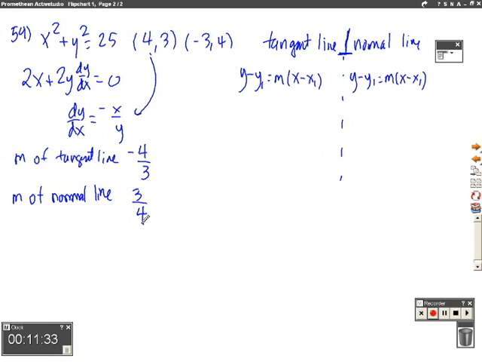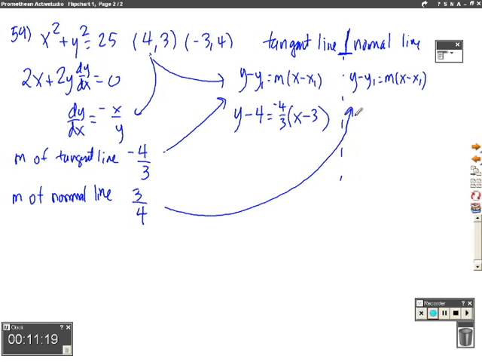Alright, now that I have my slopes, I already have my point (4, 3), so I'm going to go into my equation, put in my slope, and that should be y minus 4 is equal to 4/3 x minus 3. Actually, that should be y minus 3, but I'll catch that in a second.